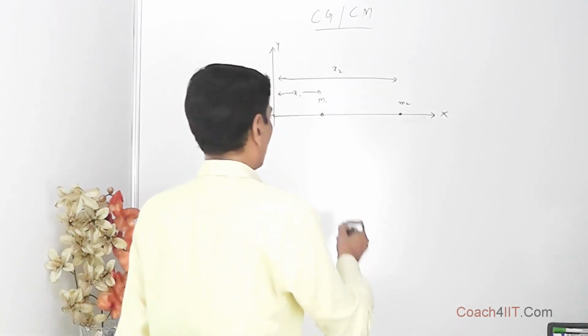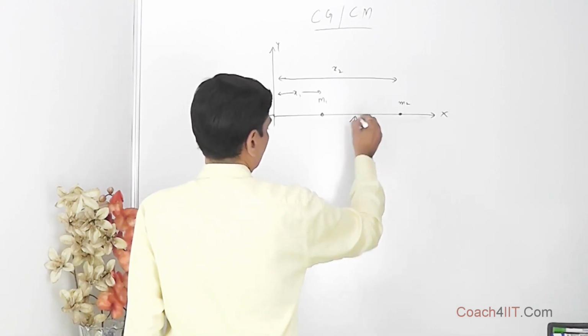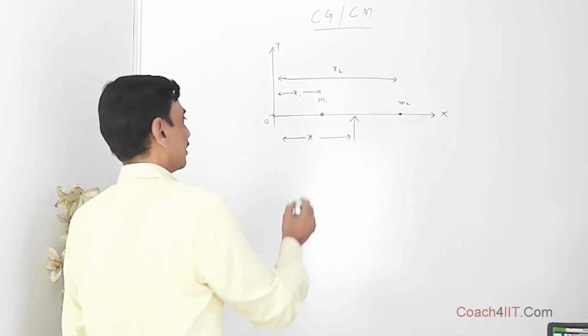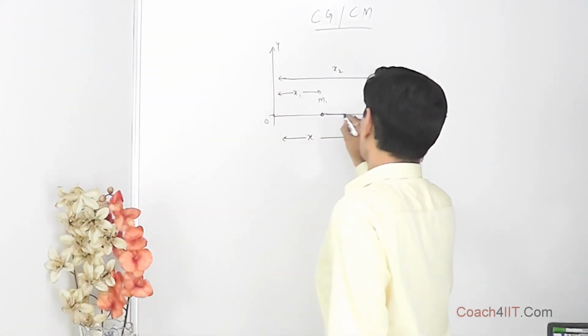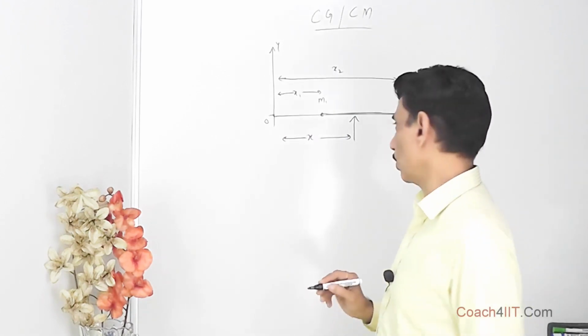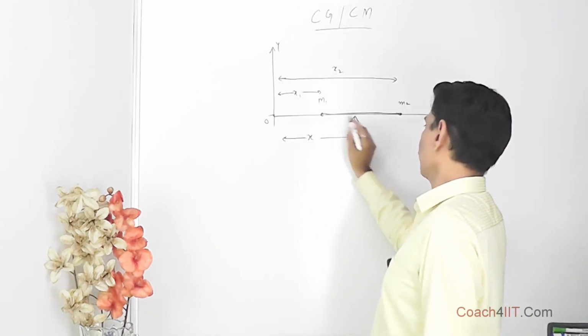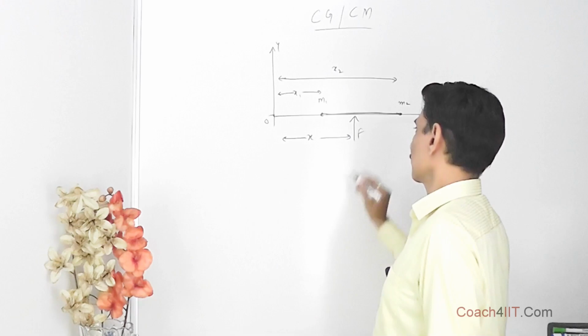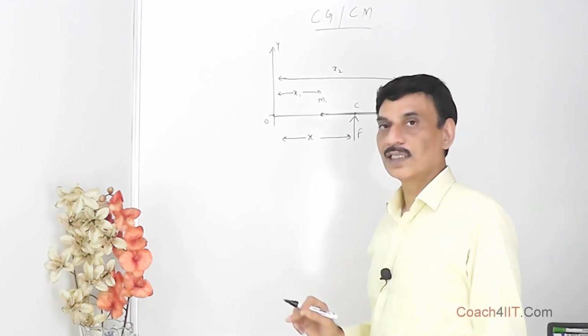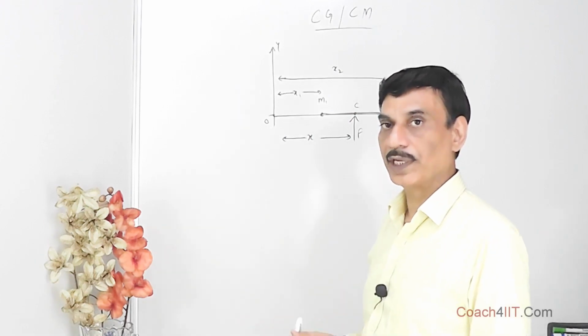So let's say we balance over here, and this is the distance where we can balance the whole thing, M1 and M2. They are connected by this massless rod, and over here we apply a force so that the whole system balances: about C there is no translation, no rotation. That is what we have been doing.